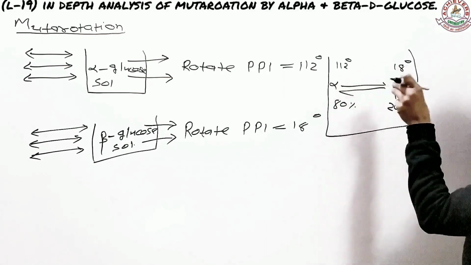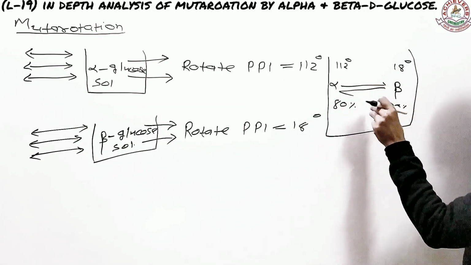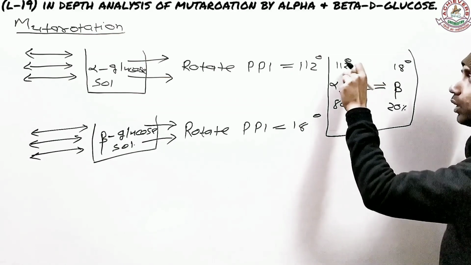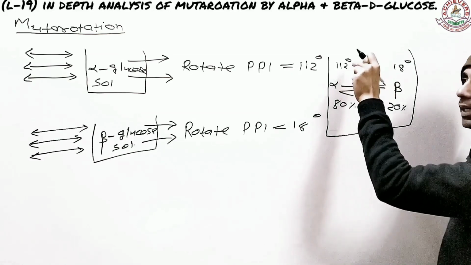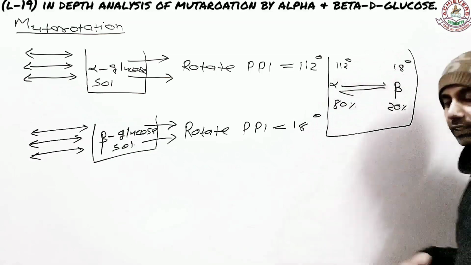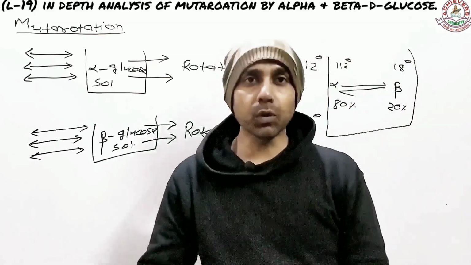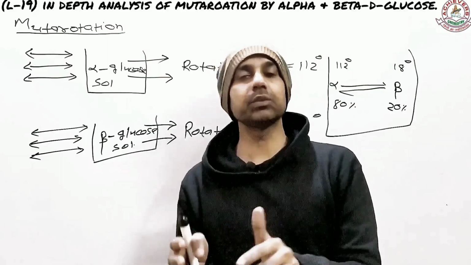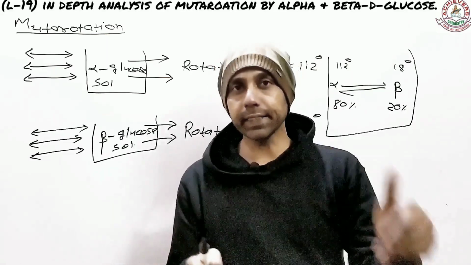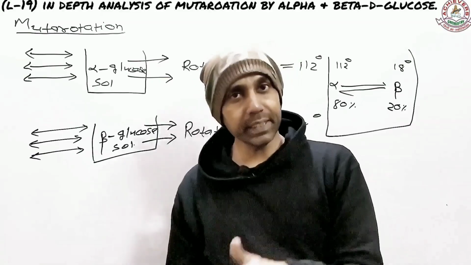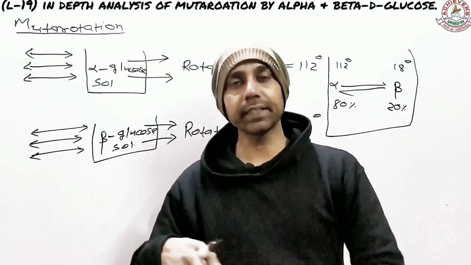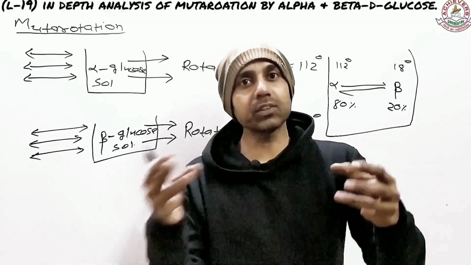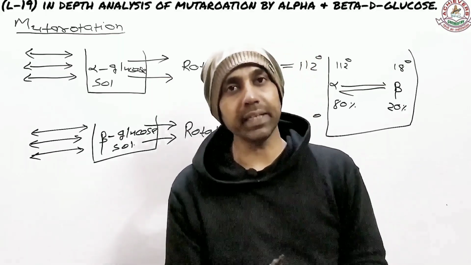Now how can we calculate the angle of rotation? It will not remain 112, because this will decrease and the other will increase. When alpha D-glucose changes to beta D-glucose, the angle of rotation, which is 112, will start decreasing, and the 18 degrees for beta will start increasing. The question is how much it will increase and how much it will decrease.